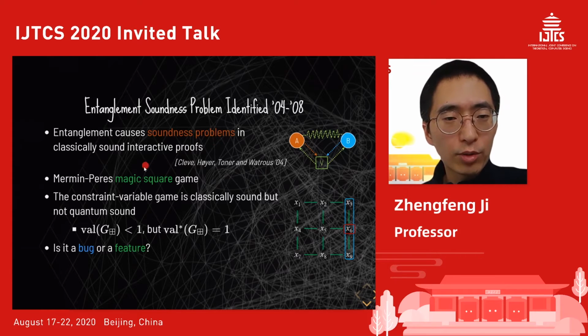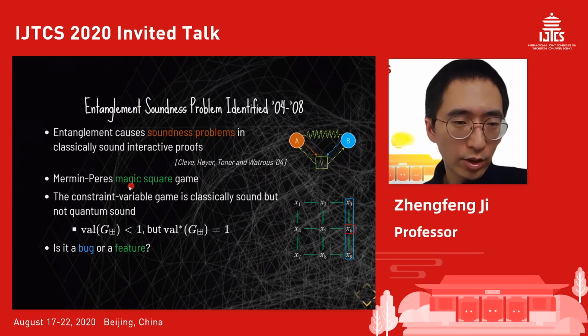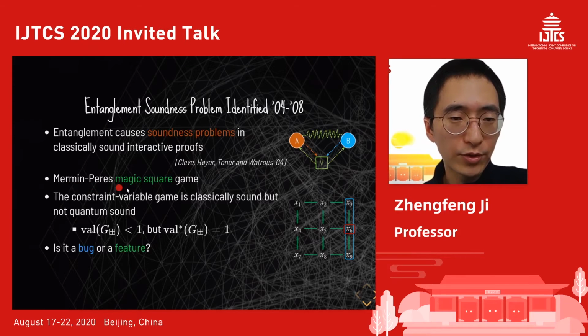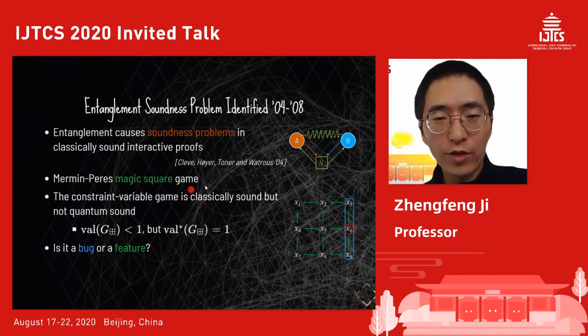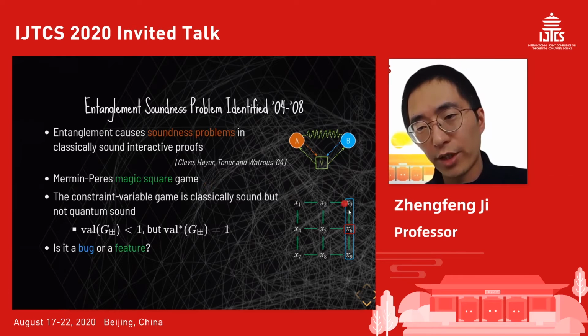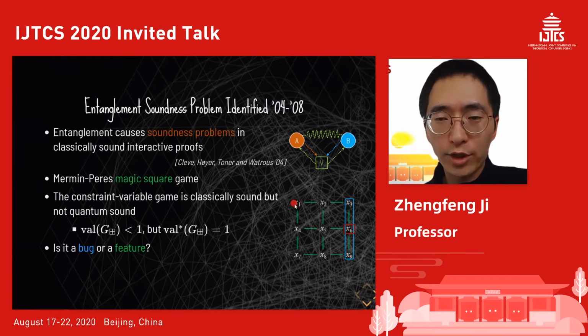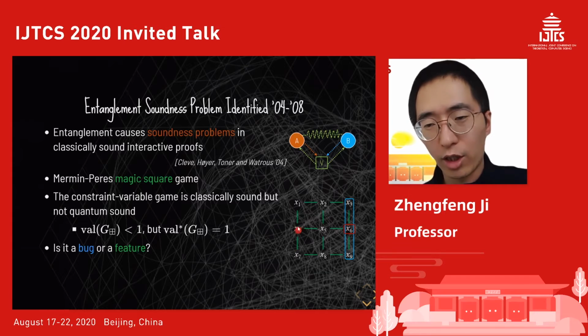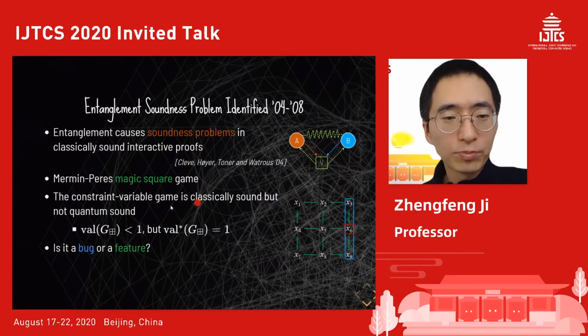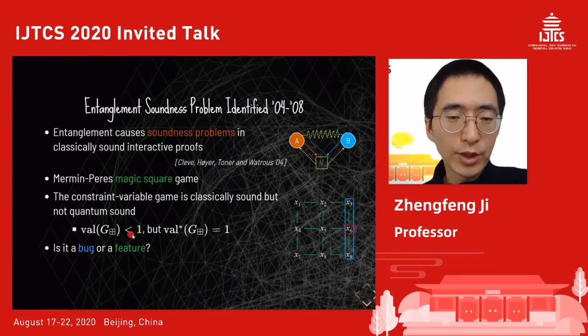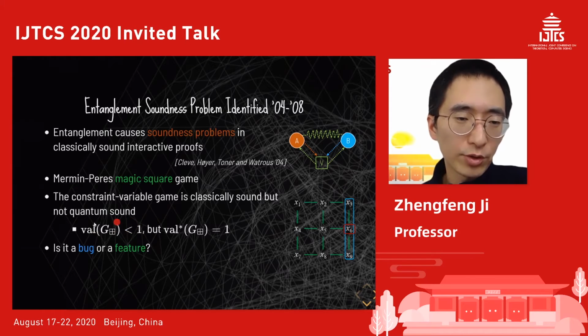What is the soundness problem again? It's most convenient to see this in the example of the Mermin-Peres magic square game. We have defined the game previously. It's motivated by the constraint system here, and classically this is an unsatisfiable system. So the classical value of the game is less than 1, and that's what we call soundness, even though it's a weak soundness.